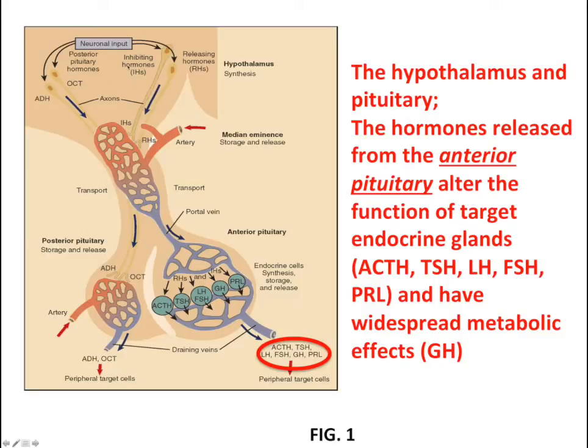So the hypothalamus will get inputs, and then it can express the response of that by sending hormones down to both the anterior and the posterior pituitary to regulate function.